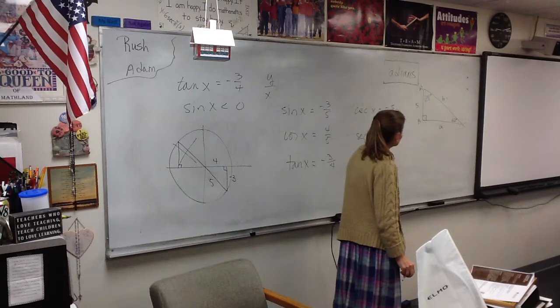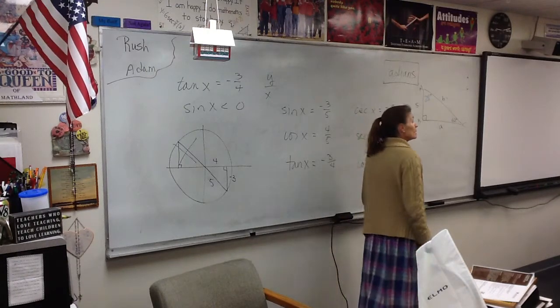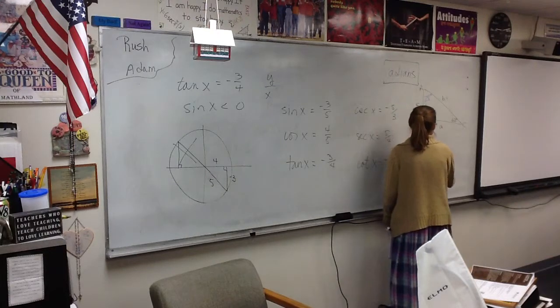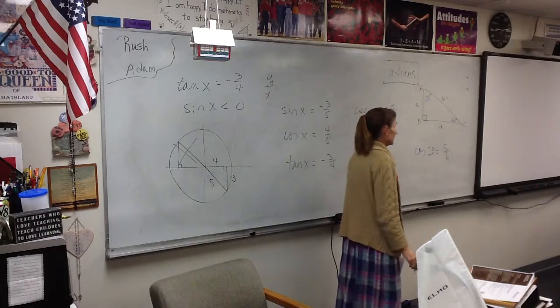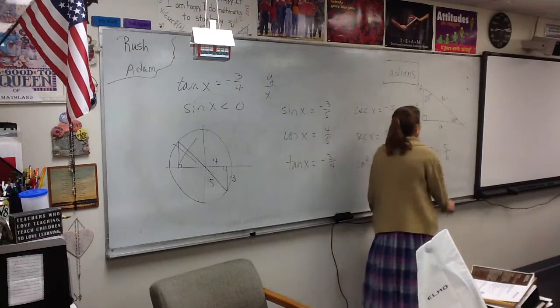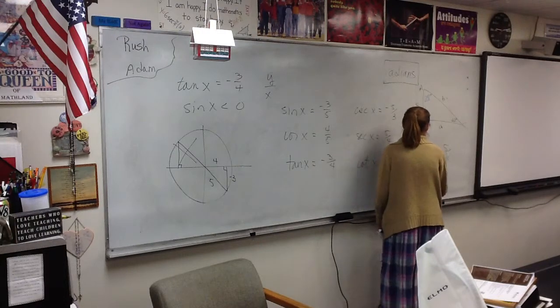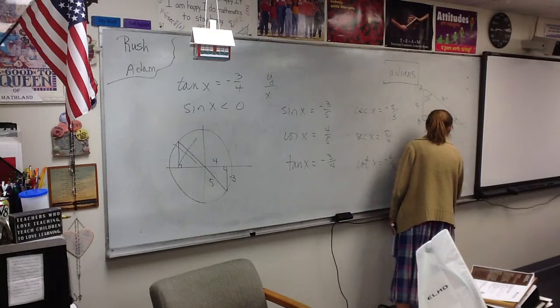You can do cosine if you use 28. You could say cosine 28 equals 5 over b. Does that make sense? Yeah. You couldn't use cosine if you were using 62, but it's okay with 28. So b cosine 28 equals 5, and b equals 5 over cosine 28.